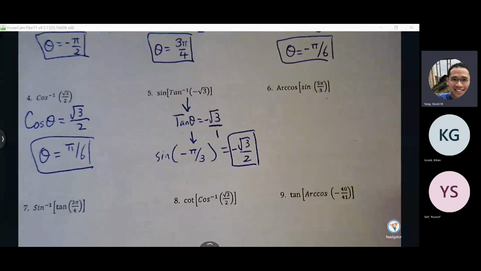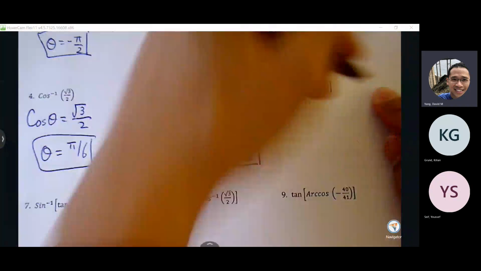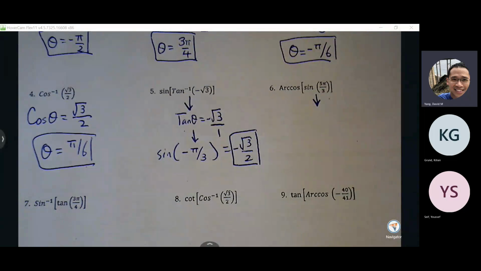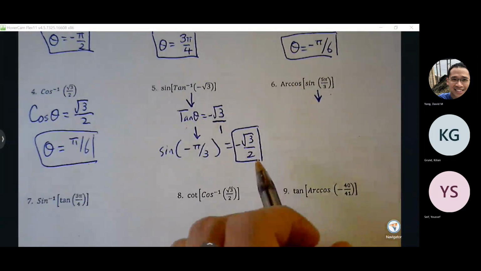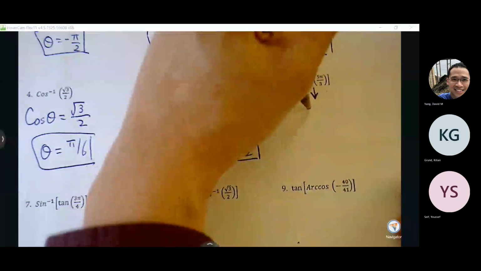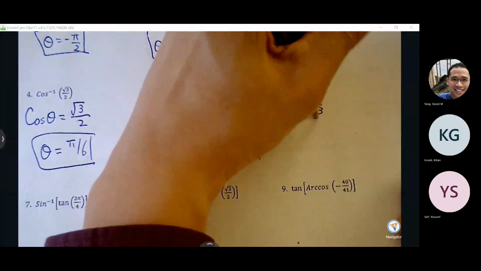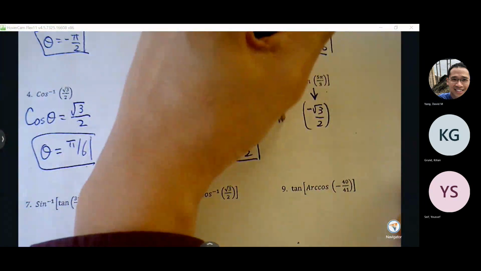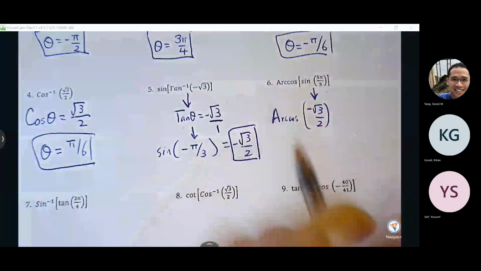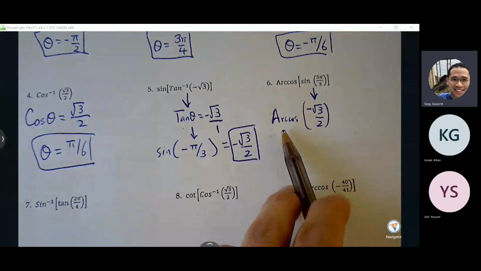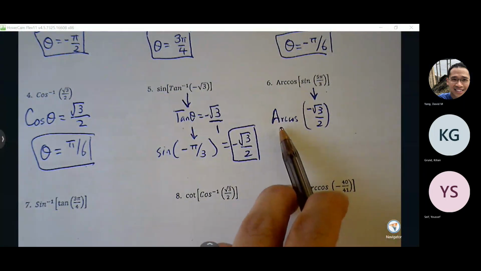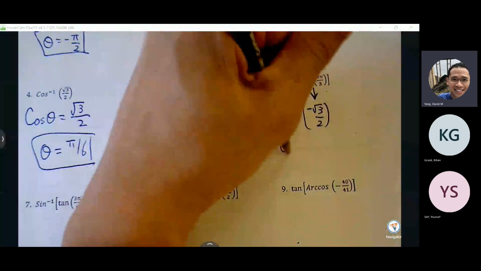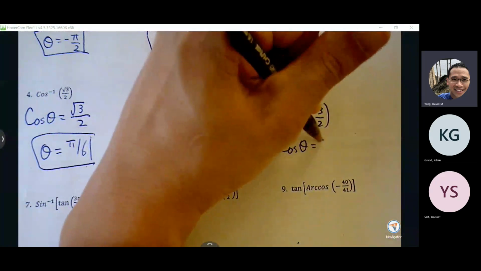Okay, number 6, arc cosine of sine of 5π/3. We'll do the inside portion first. Sine of 5π/3, we know it's -√3/2. Arc cosine, so principal value, uppercase A. What theta will allow cosine to be negative root 3 over 2?